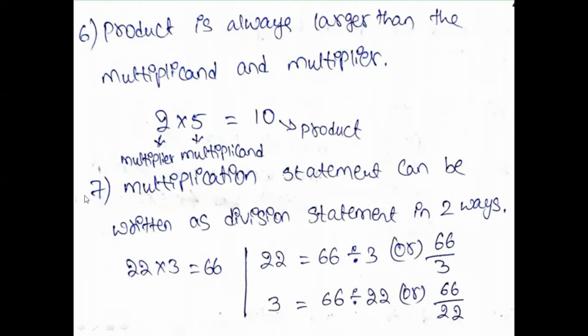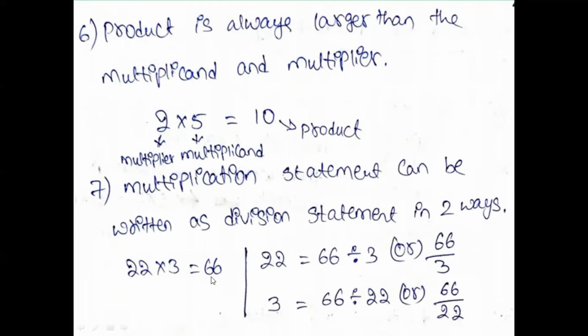Next, seventh one. A multiplication statement can be written as division statements in two ways. See here, 22 into 3. 3 2 ja 6. When we multiply, the product is 66.